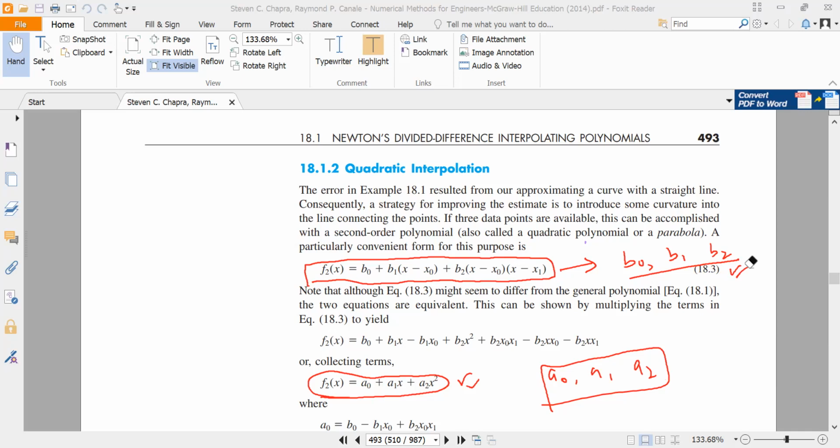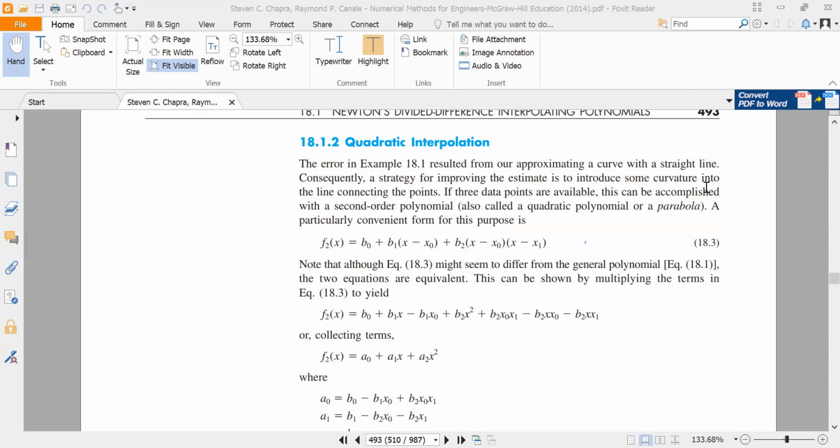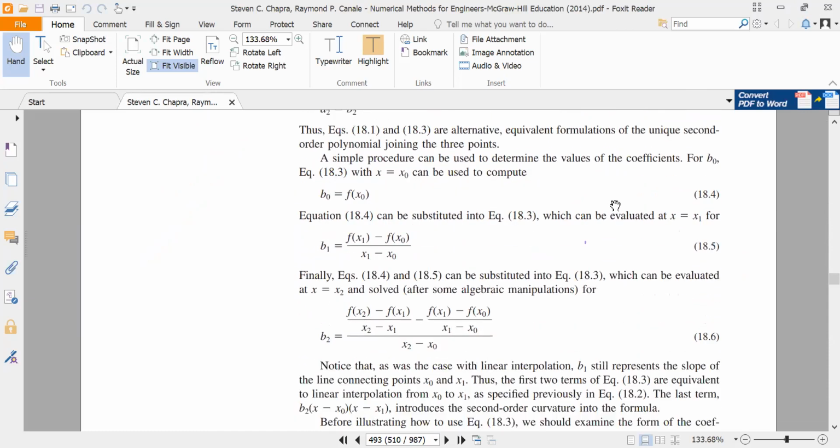For example, if x equals x0, then your B0 is equal to f2(x0). If we put in the value of A, and by a simple manipulation, we can easily put them into a standard form of derivative.